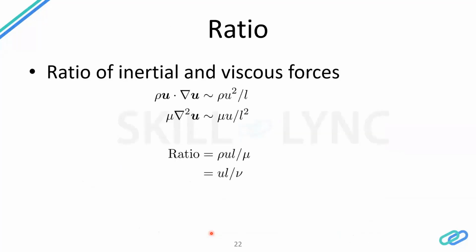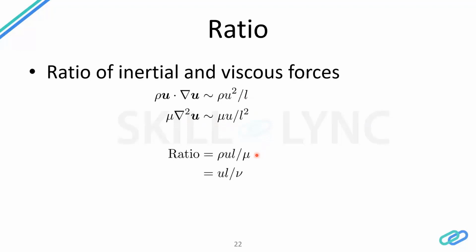So let's see how we compare these two terms, the inertial term and the viscous term. You can write the terms as they are and try to do an order of magnitude analysis. So what you do here is you put density as it is. You know that there are two velocities and a space differentiation of the velocity, so you have the u squared and then a space coordinate. Similarly for the viscous term. And to see which term dominates and vice versa, you take the ratio.